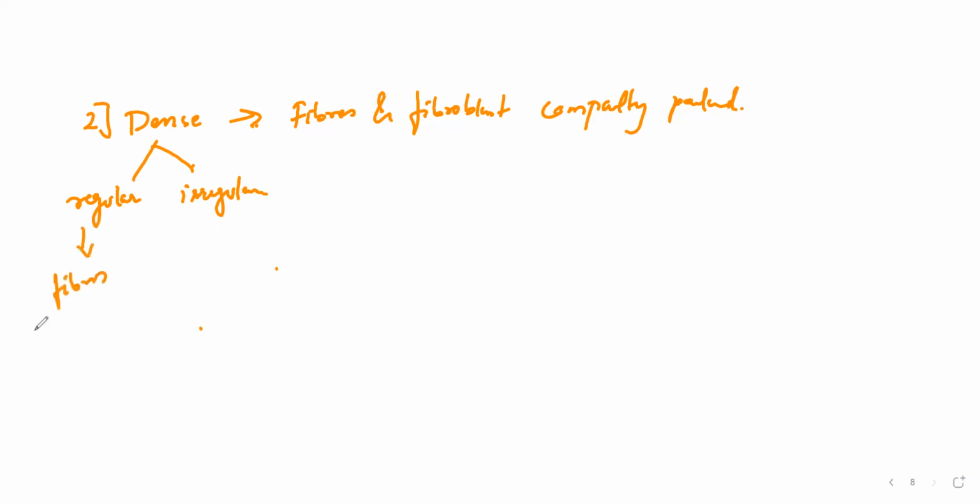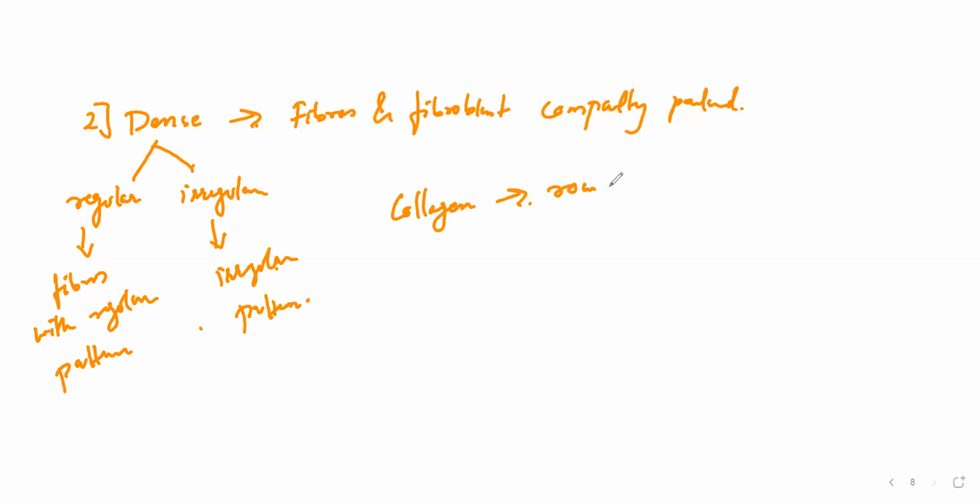Fibers with regular pattern, and here irregular pattern. On that basis. So in dense regular, we already know the collagen. These collagen fibers will be present in rows between many parallel fibers.